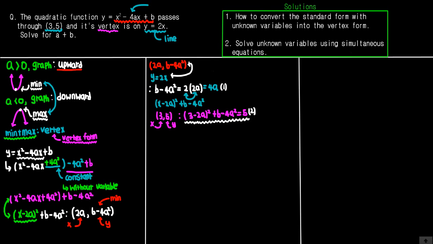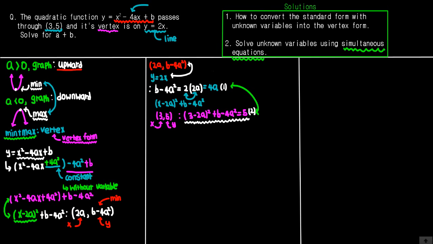So there are two equations with the same kind of variables, a and b, and a plus b is what we are trying to find. So we can use simultaneous equations, where we make one side the same, and then input the other equation to solve for the other term.